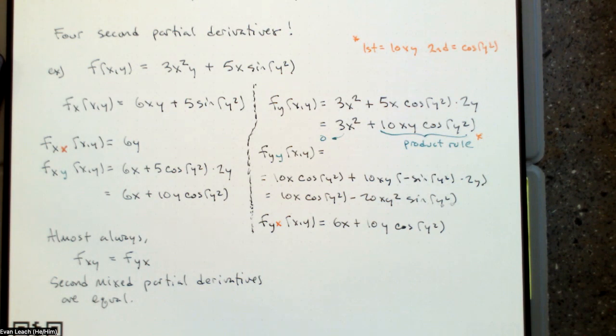Almost always, second mixed partials are equal. It's possible to make a function where the second mixed partials are not equal. I would have to do work to make that happen. So that puts it in the almost always category.